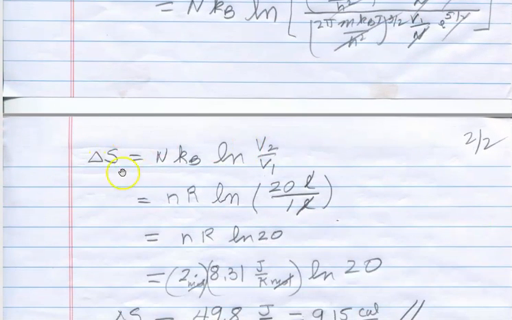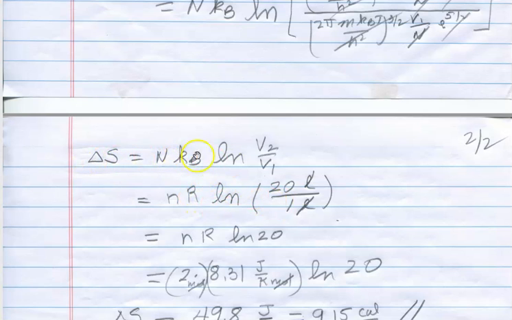And then we arrive at this equation, which you probably could have remembered for an isothermal process in an ideal gas: delta S is just N kB times the natural log of V2 over V1, and this, of course, is the number of moles times the ideal gas constant.